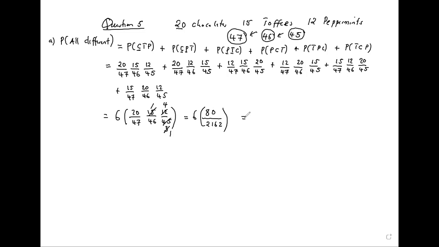Then I multiply 80 by 6. You get 480 over 2162. Then maybe you can simplify. 480 divided by 2, you get 240. And then down, 2162 divided by 2, you get 1081.